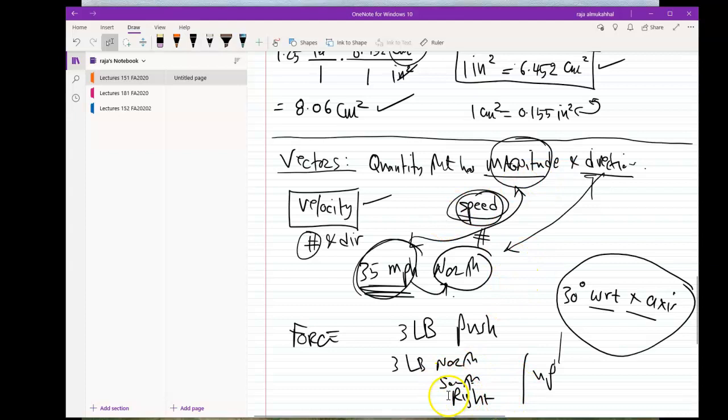It could be right and left in terms of your hand. It could be up and down. It could be, the most accurate of all in my opinion, the angle. You give it an angle with respect to the x-axis or the y-axis or whatever. This is more accurate, especially if you want to do calculations. So all of these are directions, and then that amount, the quantity that you're dealing with, 3 pounds or 3 tons or whatever, that's what we call the magnitude.